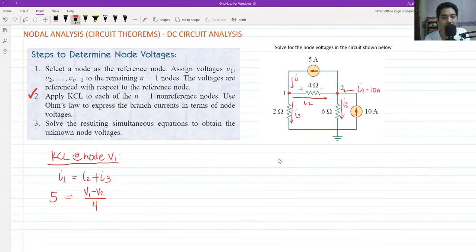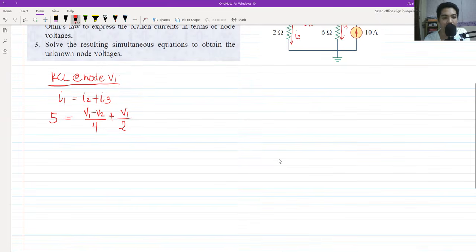So we have V sub 1 minus V sub 2 plus I sub 3. I sub 3 is simply the voltage at 1, by Ohm's law, all over 2 ohms. If we multiply this by 4 to simplify, we have 20 equals V sub 1 minus V sub 2 plus 2V sub 1.